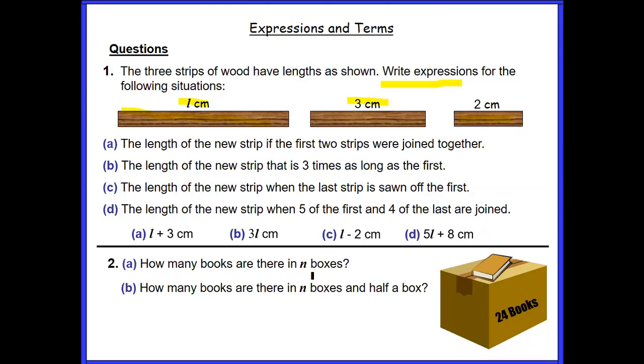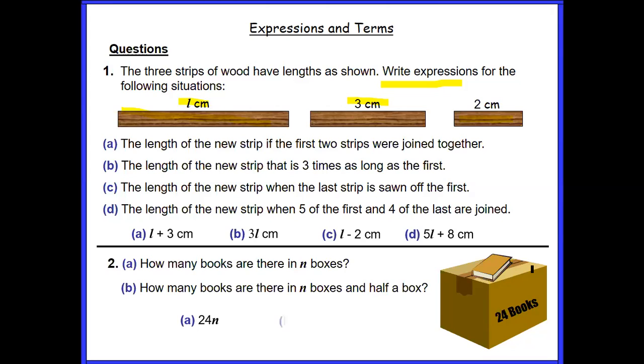The second question is, how many books are there in N boxes? We know that there are 24 books in one box. So algebraically, we can write that as 24N. If N is the number of boxes, in one box there are 24 books. And how many books are there in N boxes and half a box?